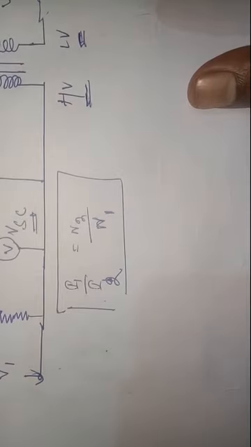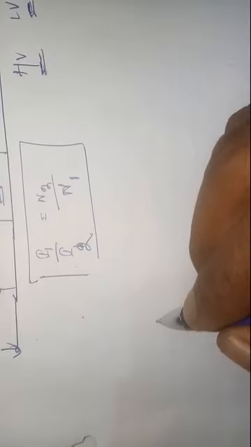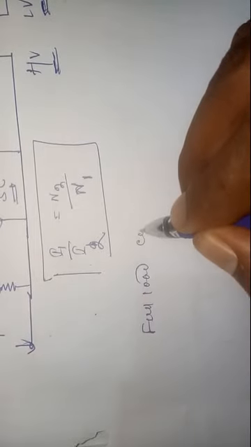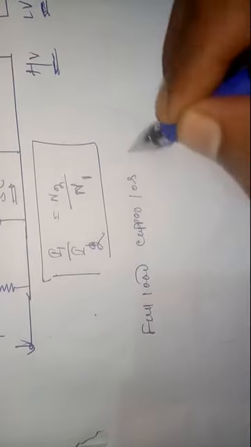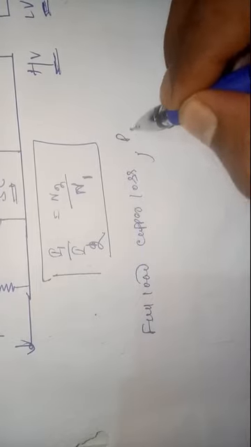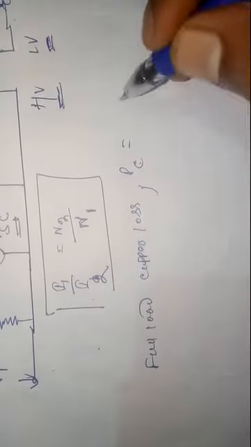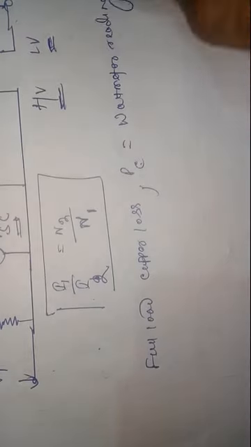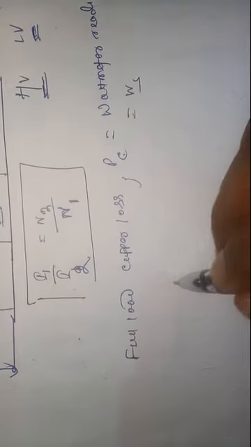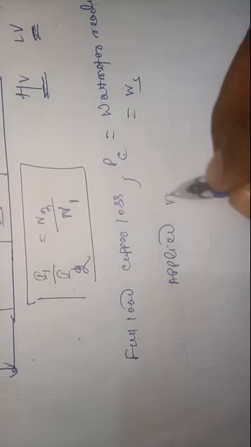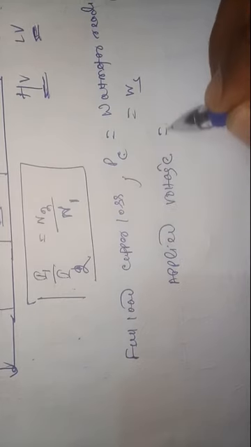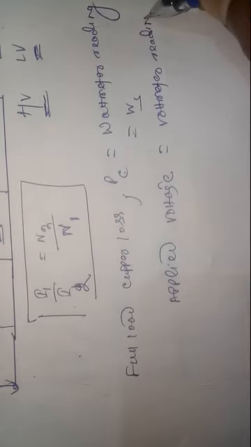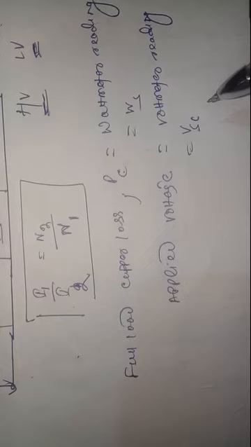Under this condition, the full load copper loss, that is PC, is equal to the wattmeter reading WS, and the applied voltage is equal to the voltmeter reading, that is VSC, the short circuit voltage.